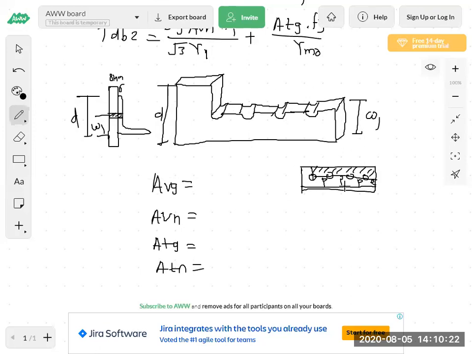So pitch distances are there, 1, 2 and 3, and this is the last edge distance. So center to center distance between two bolts is pitch. So pitch 1, 2, 3. So this shaded area is the shear area. So this is the length and this side is the thickness. Are you getting? Now this length we have to calculate. So this length into this thickness is the area in shear.